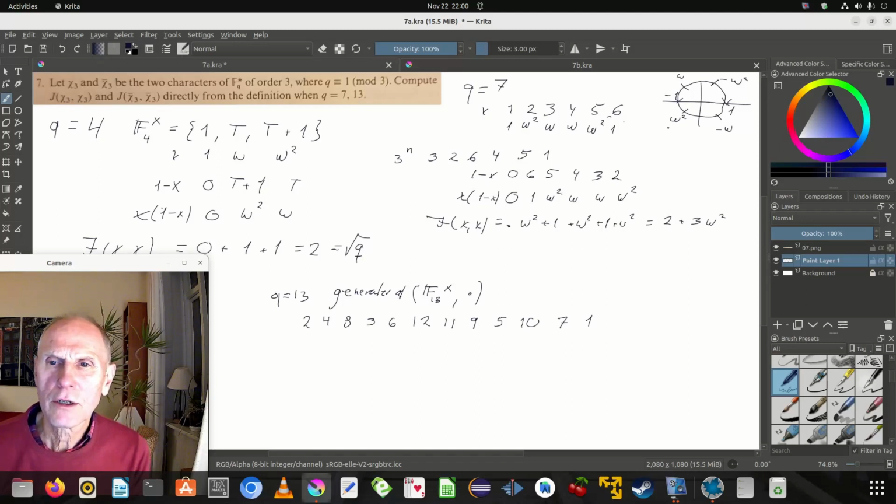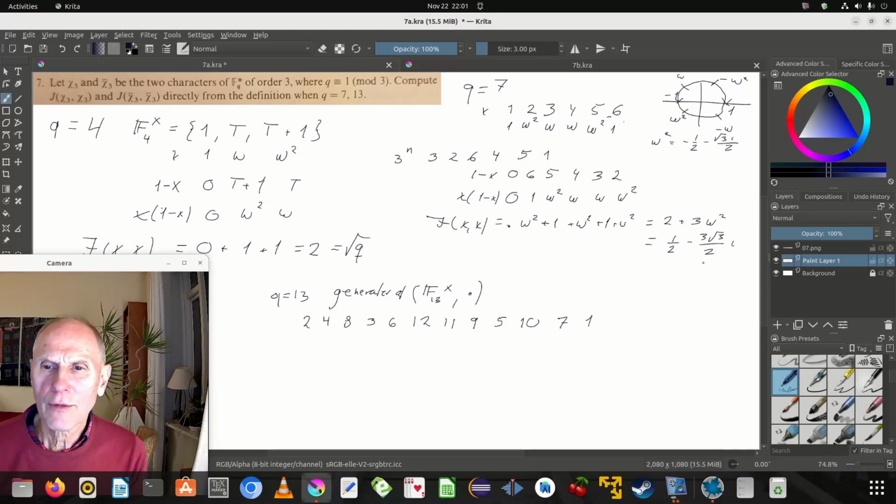That's amazing. Omega squared is minus 1/2 minus square root 3 i halves. So 3 times that plus 2, that's 3 halves. So it gives 1/2 minus 3 square root 3 i halves.